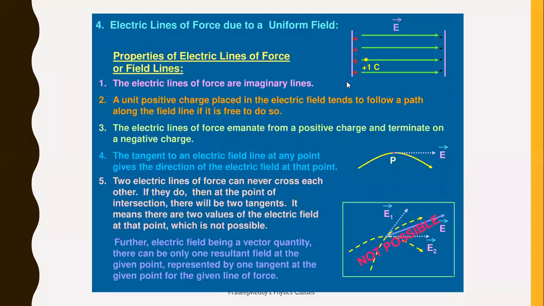So students, for your memory, I am just explaining the properties of electric lines of force once again in this particular slide within a very brief time. So remember, the electric field is uniform if the charges' magnitudes are equal.